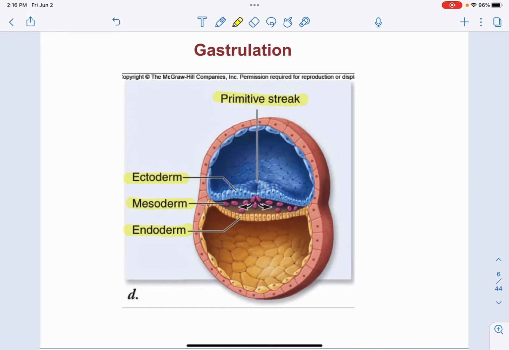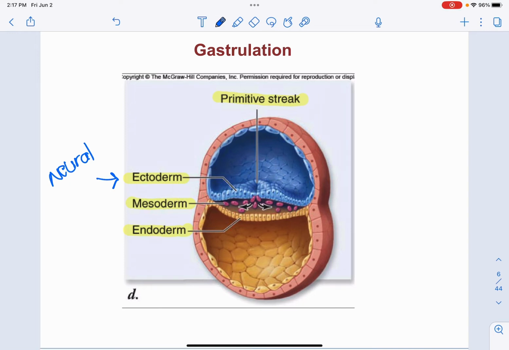So at this point, every organ and every tissue in your body can be traced back to one of these layers, okay? So for example, the ectoderm is going to give rise to all of the neural tissue. It's going to give rise to the brain. It's going to give rise to the spinal cord. And it's also going to give rise to the outer layer of your skin.